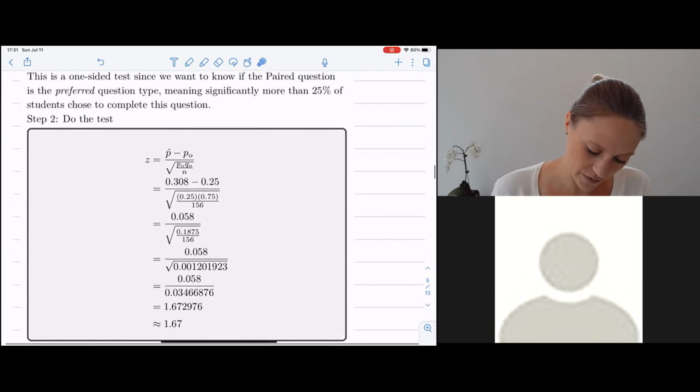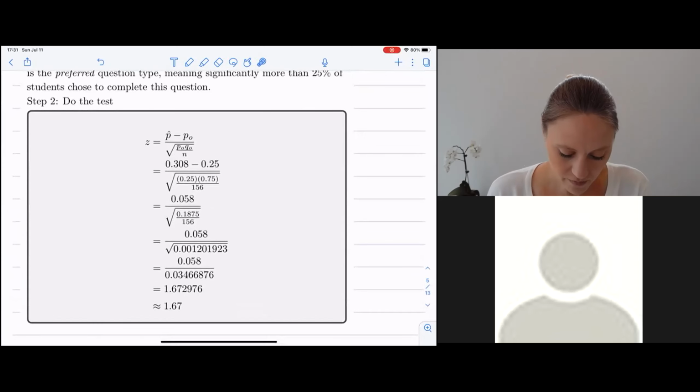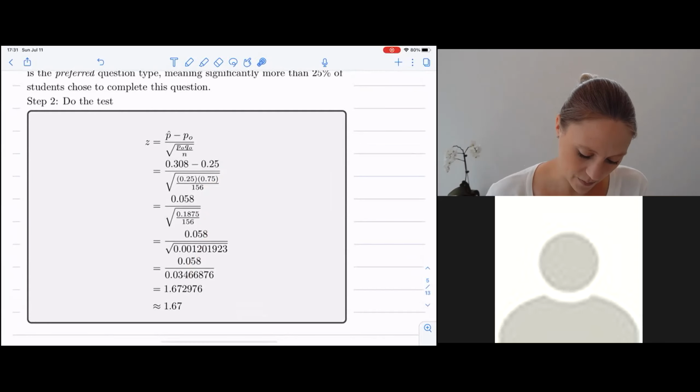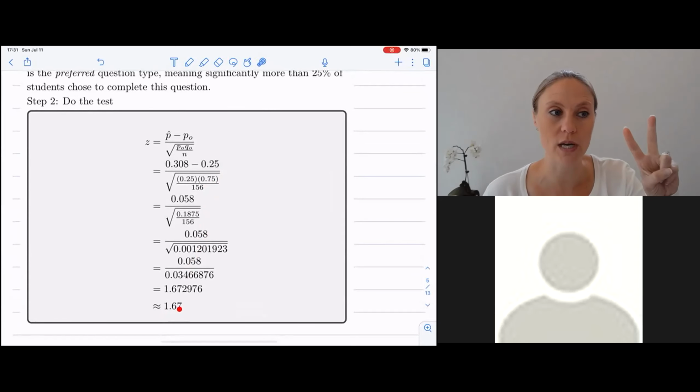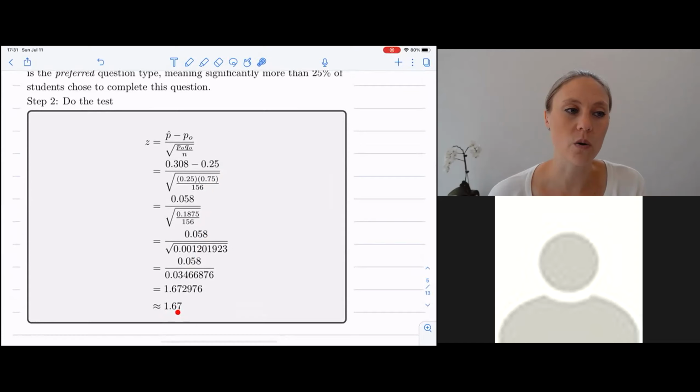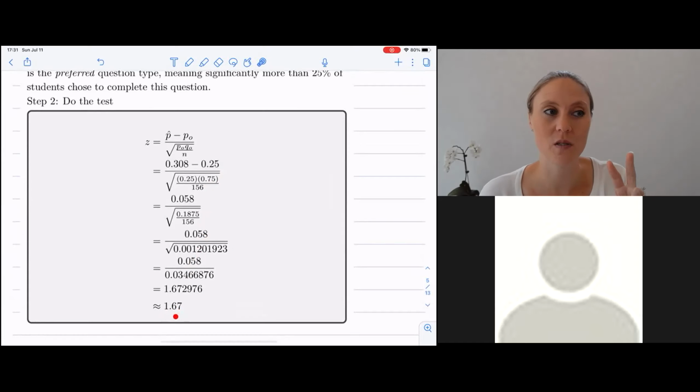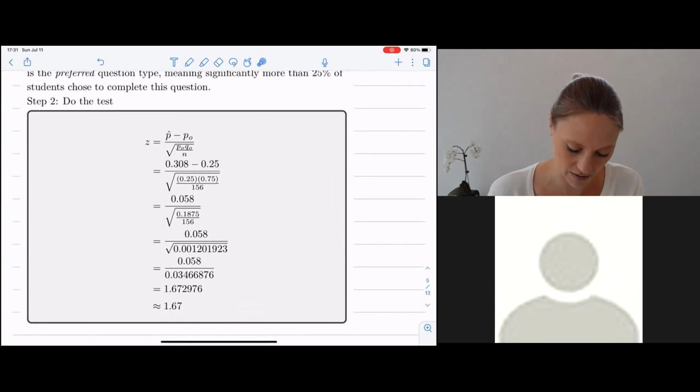That's kind of nice. If we do our calculations here, we end up with a Z of 1.67 once we round to 2 decimal places. We round to 2 decimal places because our Z table has 2 decimal places, whereas our T table had 3, so we had to have at least 3 decimal places.